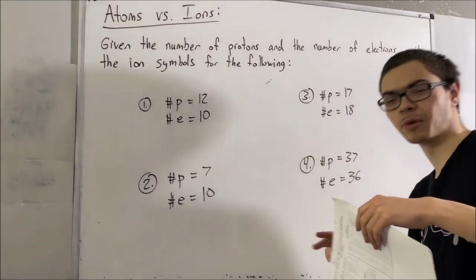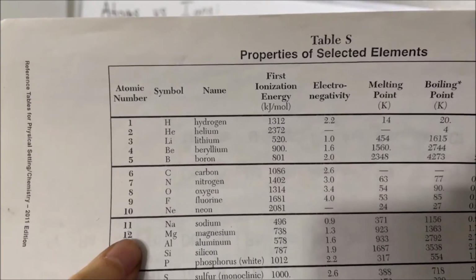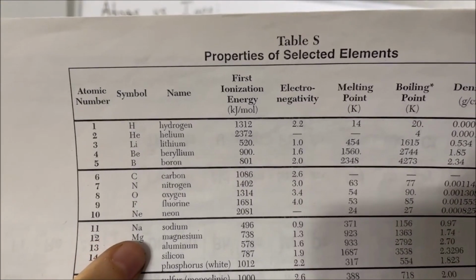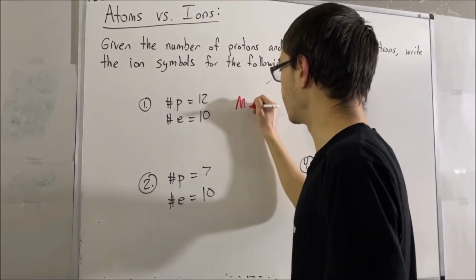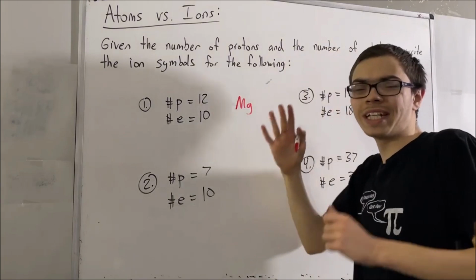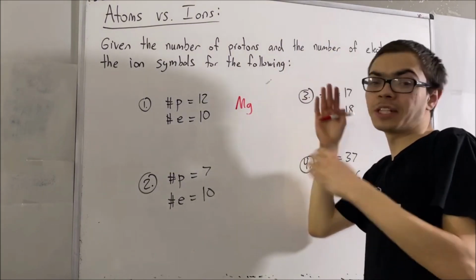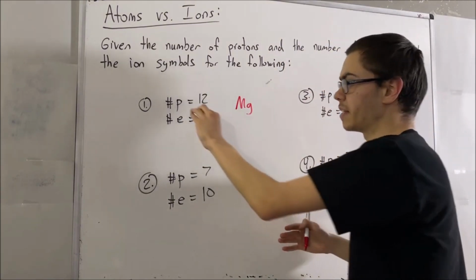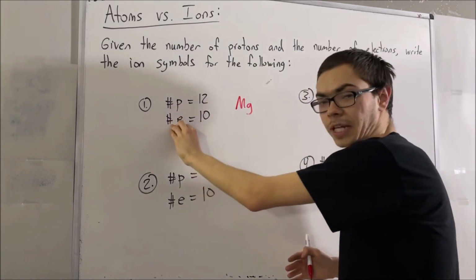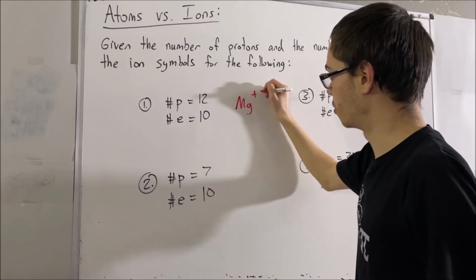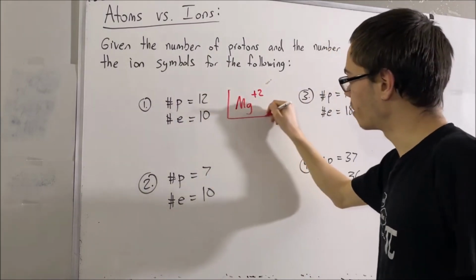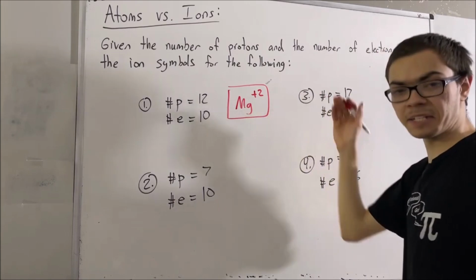Opening up to table S, we see that an atomic number of 12 is right there, and the element symbol corresponding to that is Mg. So the element symbol is Mg, and now all we need is the charge. To get the charge, all we have to do is take the number of protons and subtract the number of electrons. Well, that's 12 minus 10, which is +2. So this right here is the ion symbol, and that's it.